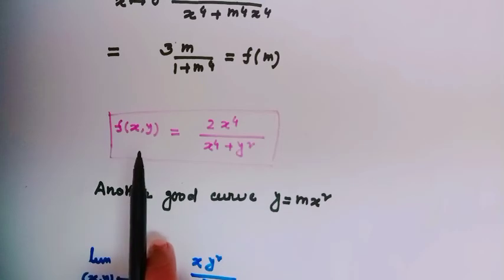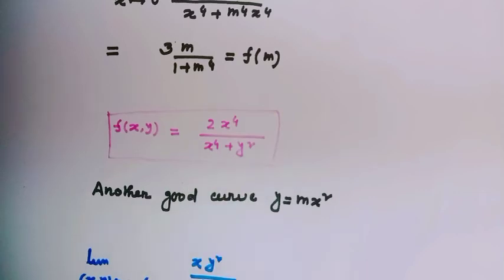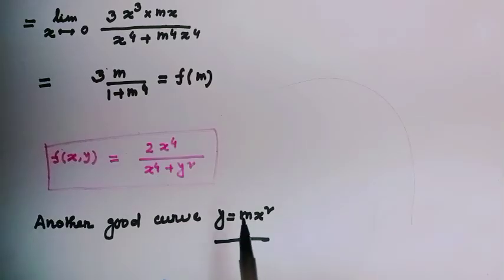This is another function f(x,y) equal to x to the power 4 over x to the power 4 plus y square. And if you understood which path you will check, then it will be so easy to find whether the limit exists or not.